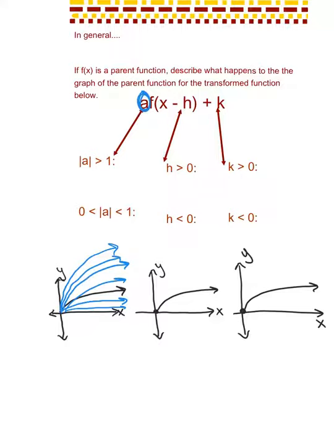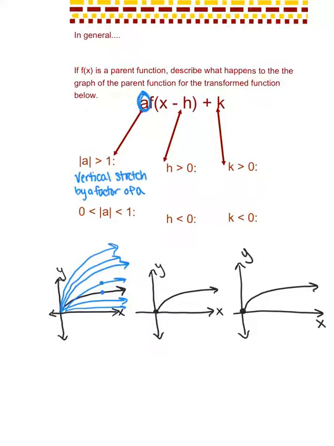So we say that when the A value is greater than 1, you've got a vertical stretch by a factor of whatever A value is. And what's happening here is you can see the y values are getting multiplied by that A value. So for instance, here my A value is 1 on the parent function.